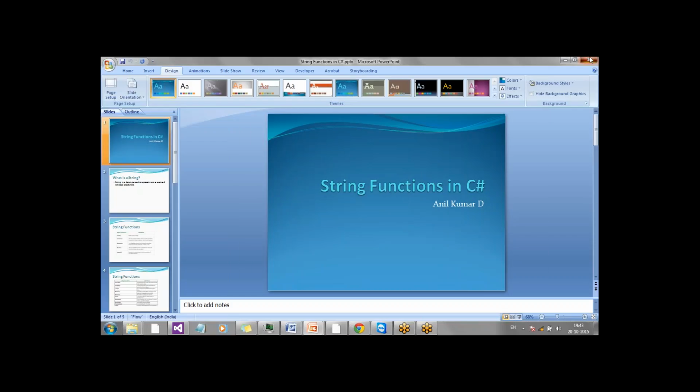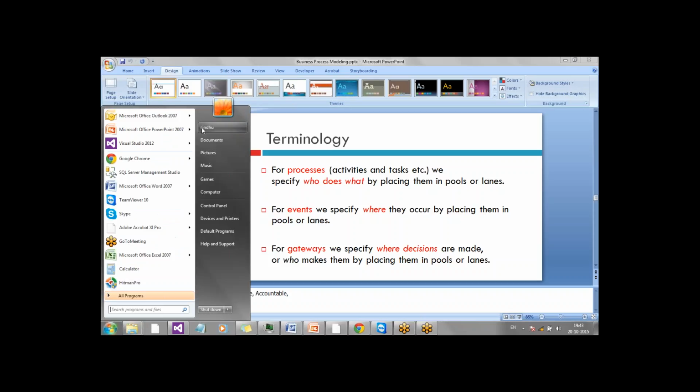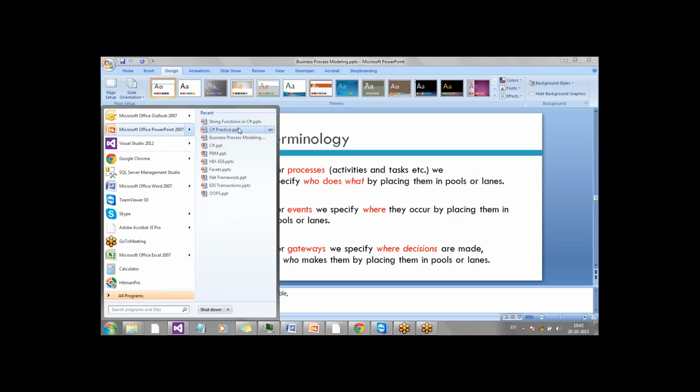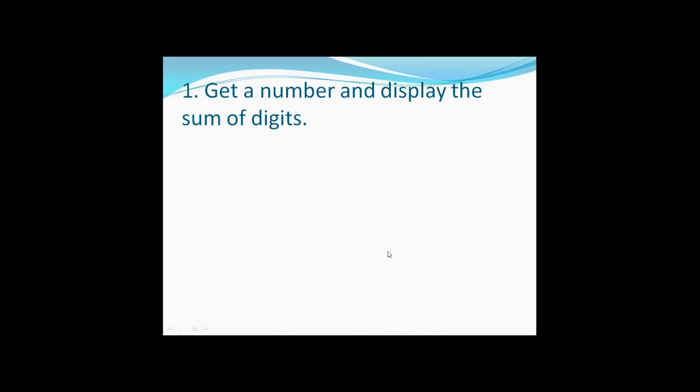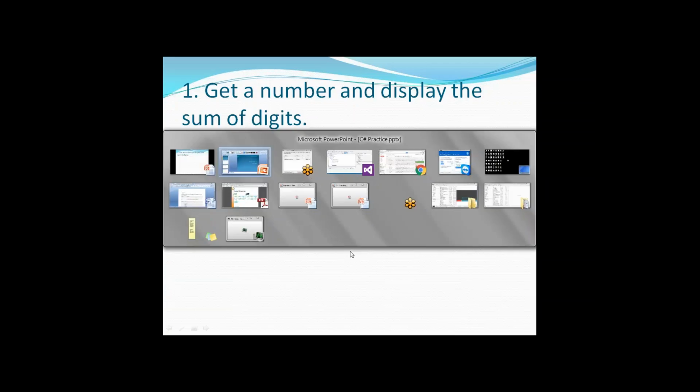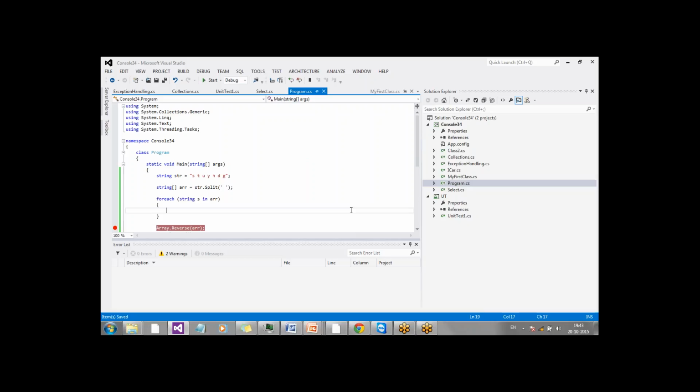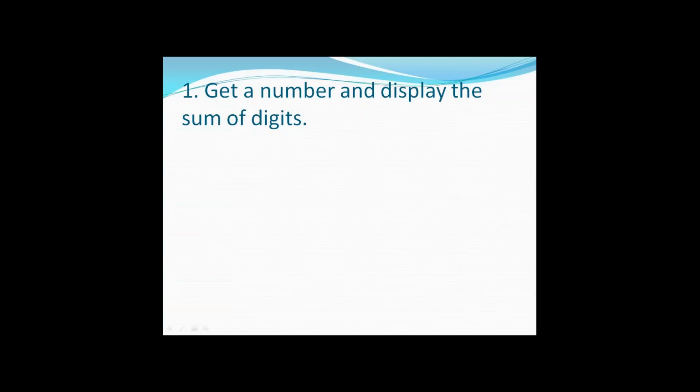Let me open, let's do some more practice today. Let me know when you are able to see the screen. Fine. These are very basic things, but we should start with very basic ones, so that's the reason why we are starting here. This particular question asks you to get a number and display the sum of the digits.